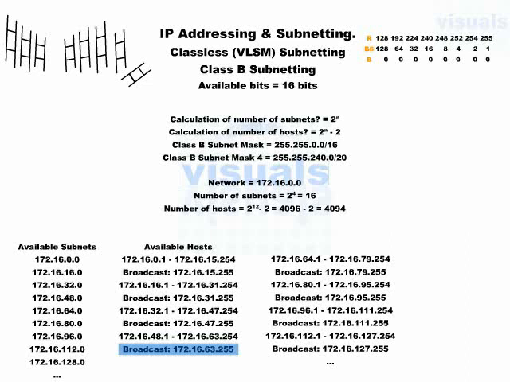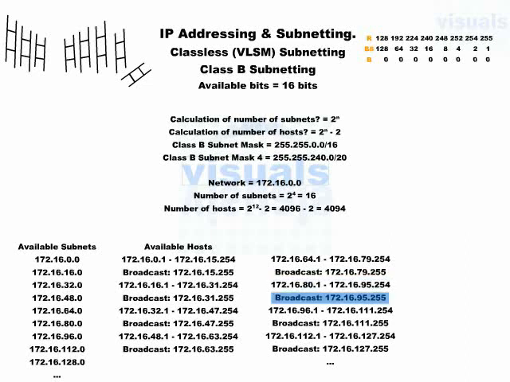Now the next subnetwork is .64. For this network, addresses are from .64.1 to .79.254. Broadcast address is .79.255. Next subnetwork is 172.16.80.0. Valid addresses for this network are from .80.1 to .95.254.